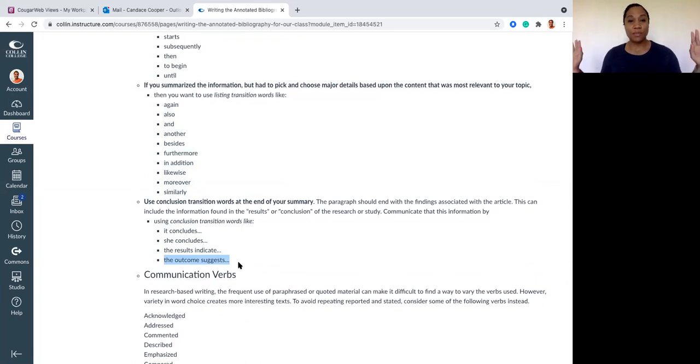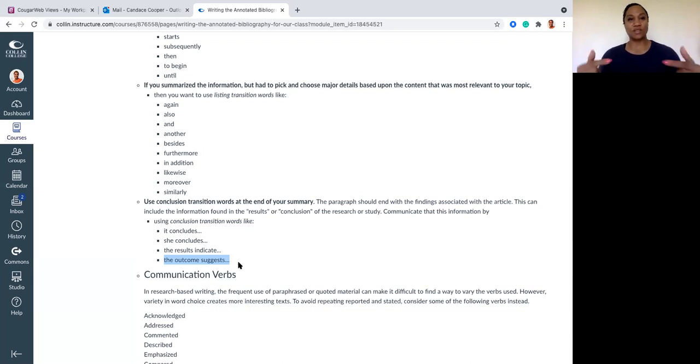Listen, I won't consider it plagiarism if you copied and pasted something like this into that last sentence. I don't care. These are not words that I came up with. These are words that are out in the world for everybody to use. So use them. But do make sure that you are communicating with transition words where you are in the article.